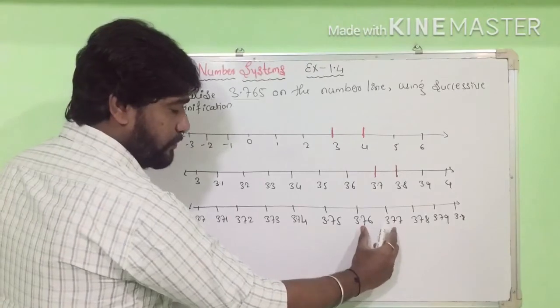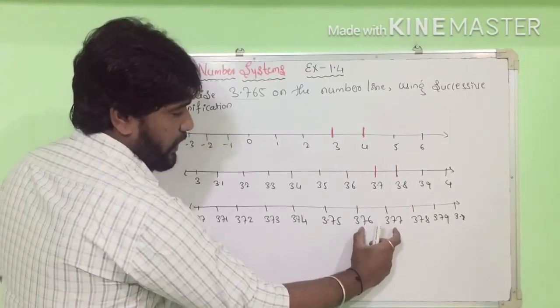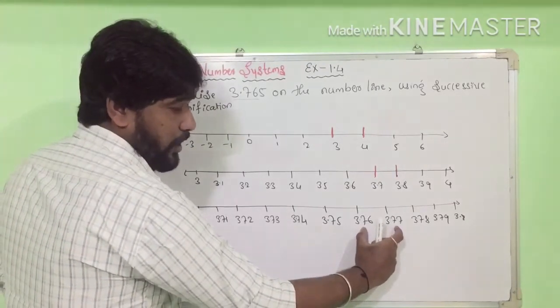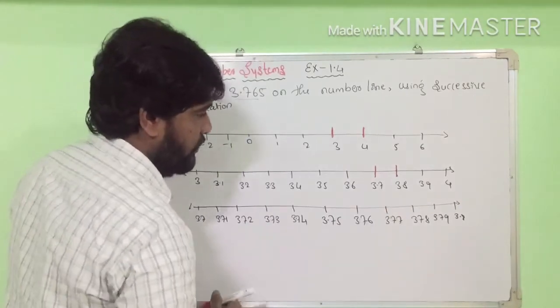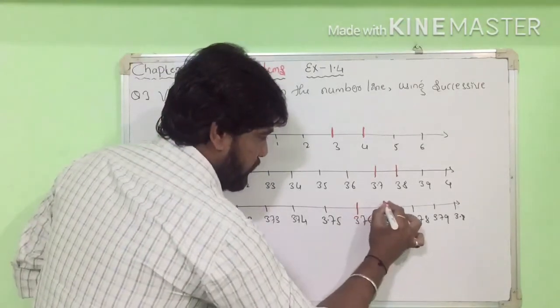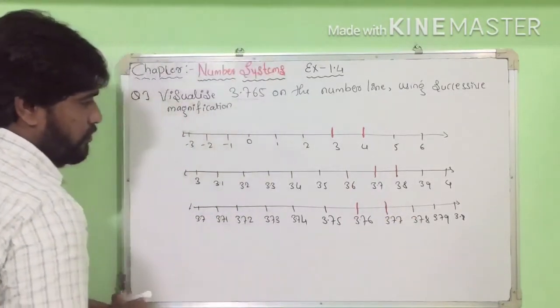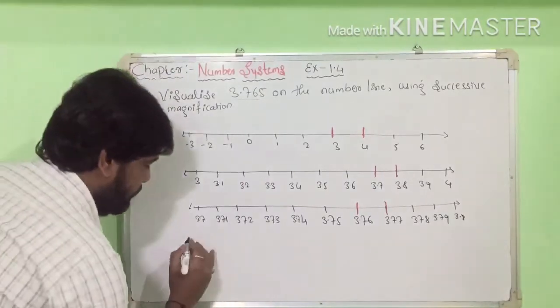So now divide this interval into 10 equal parts and magnify it. So draw here another number line.